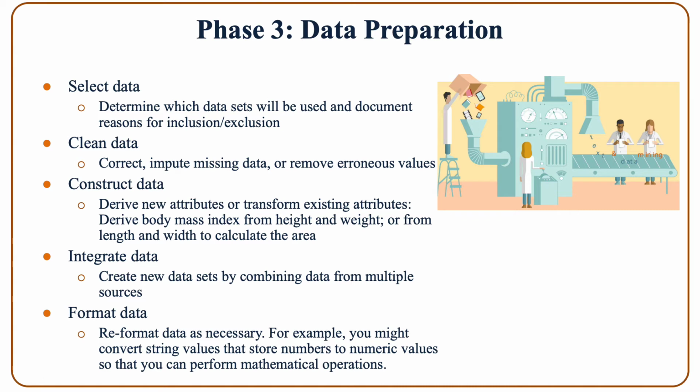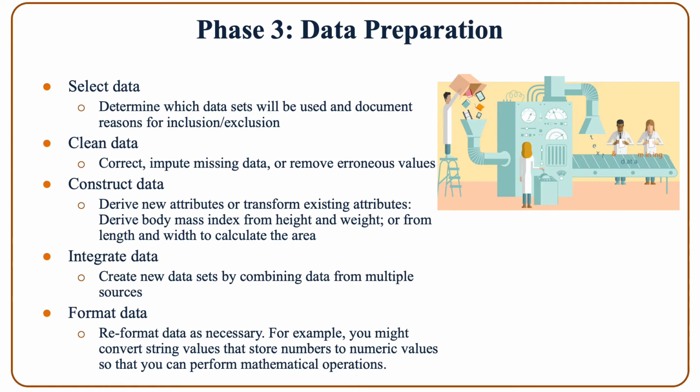You would then construct data. Basically, you would derive new attributes or transform existing attributes. For example, you derive body mass index from height and weight, or from length and width to calculate the area. Then from there, you integrate data.